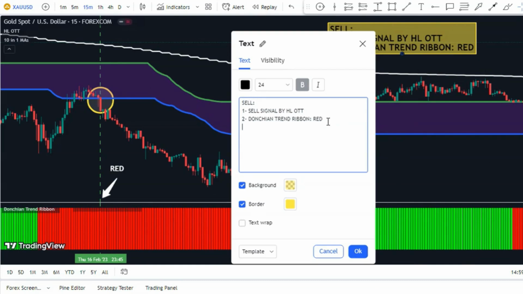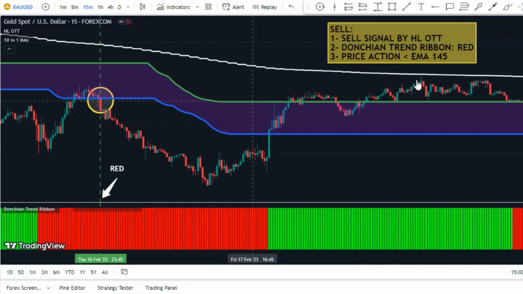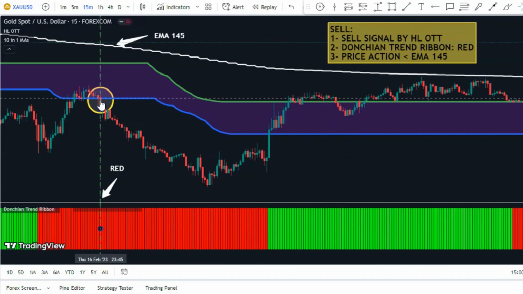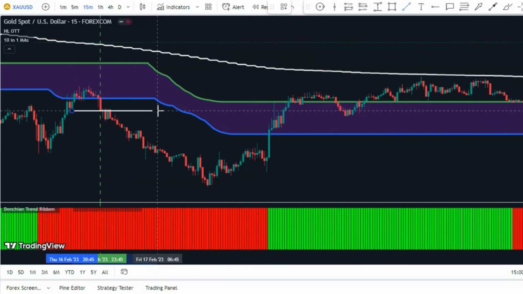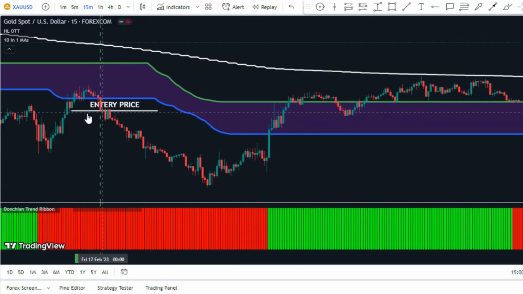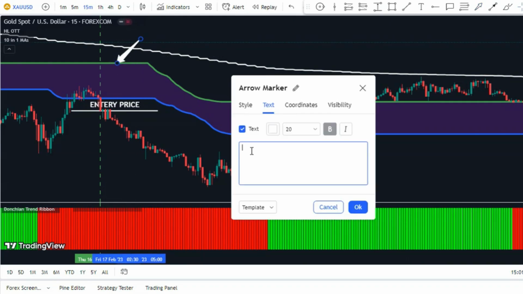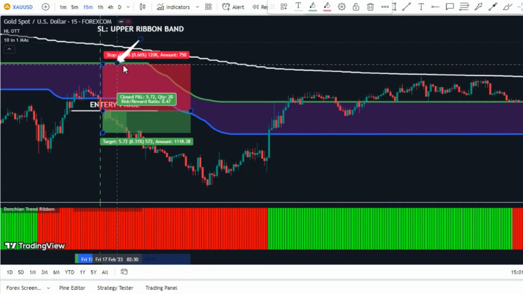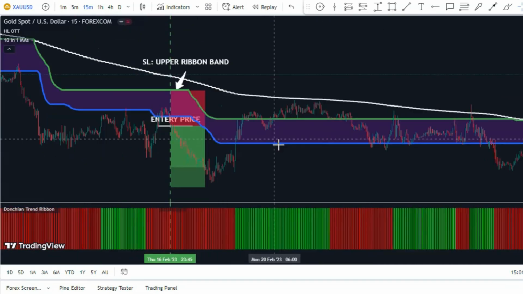And for the final confirmation, the price must be below the 145 MA. Now we can enter into a sell trade at the close price of the breakout candlestick, and place the stop loss above the upper band of the first indicator. And set the target twice as much as the stop loss.